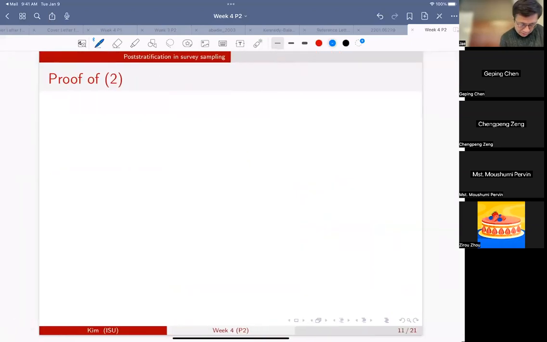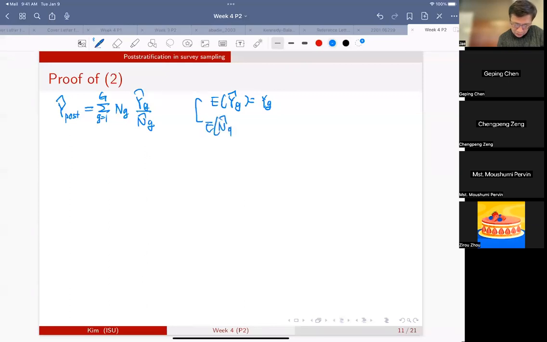And then we know that Y hat G is equal to YG, and N hat G equals NG. So then we use Taylor expansion to get this. So remember, we already computed this already, right? For particular G, we already did that.